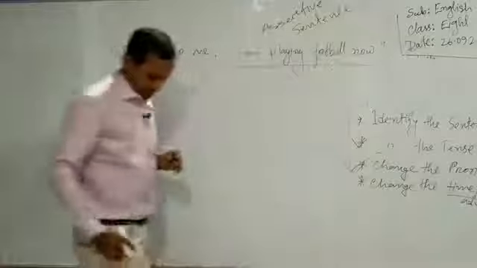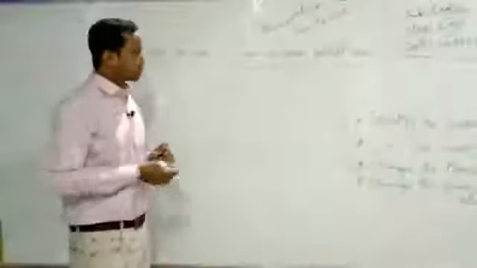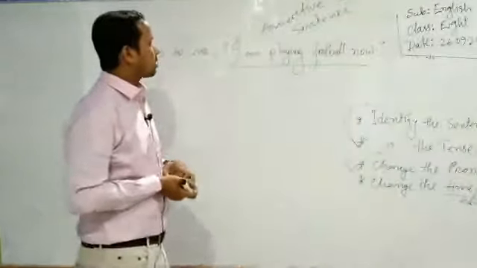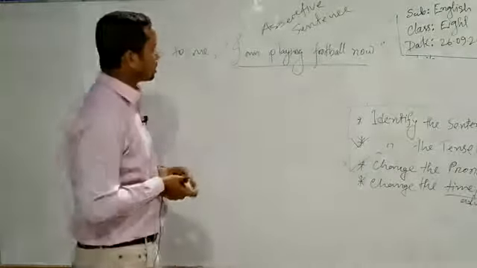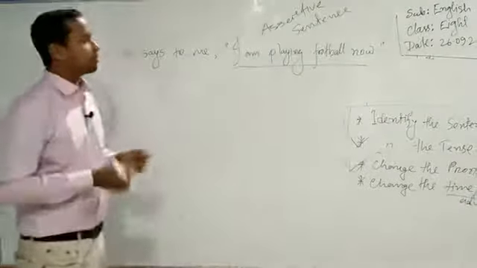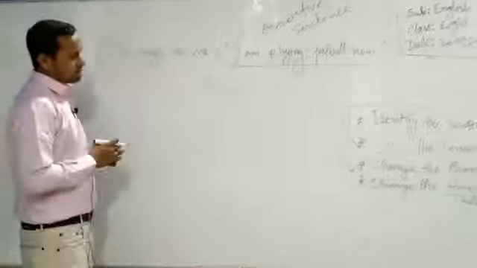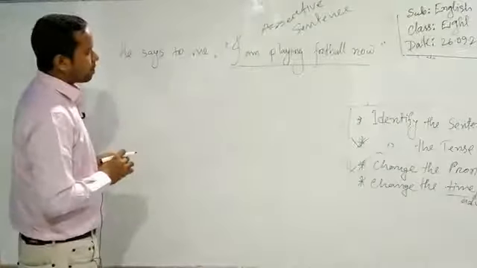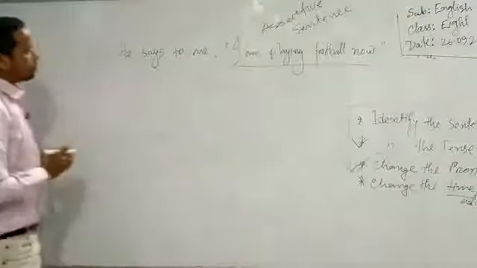You know the characteristics of sentences, and an assertive sentence must have a subject and verb. So you have to change the pronoun, then the verb, then the adverb. So the subject in case of direct sentence, but in case of indirect, the answer will be like that.